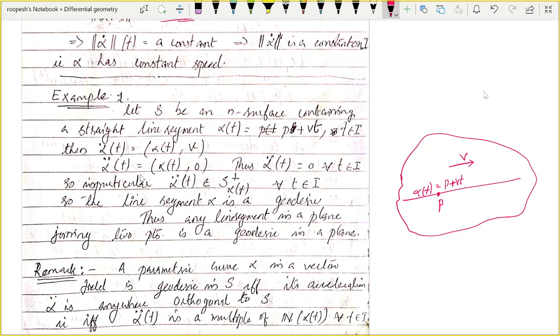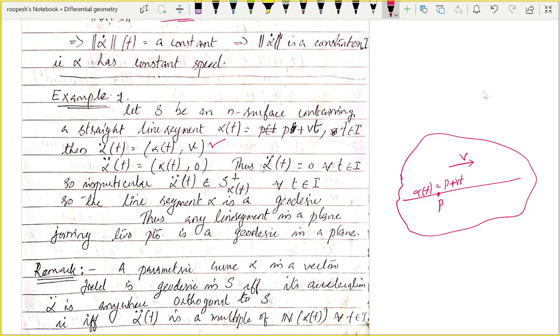Then alpha dot of t equals V, since with respect to t only we take the derivative. Now alpha double dot of t, when you find it, should be 0.